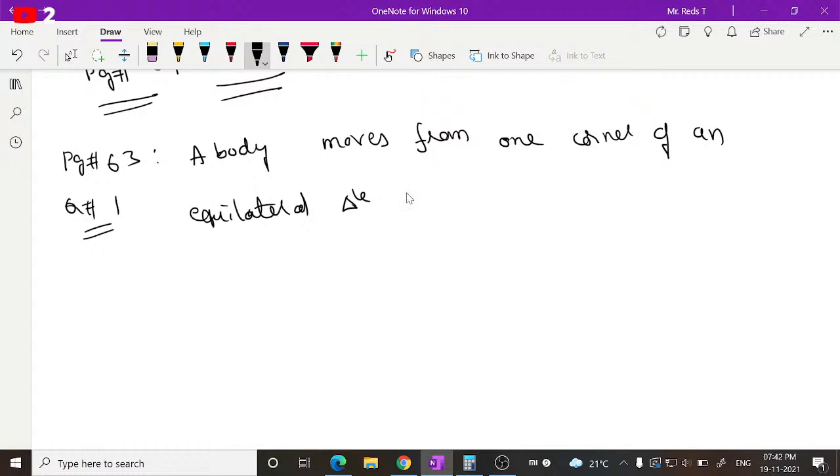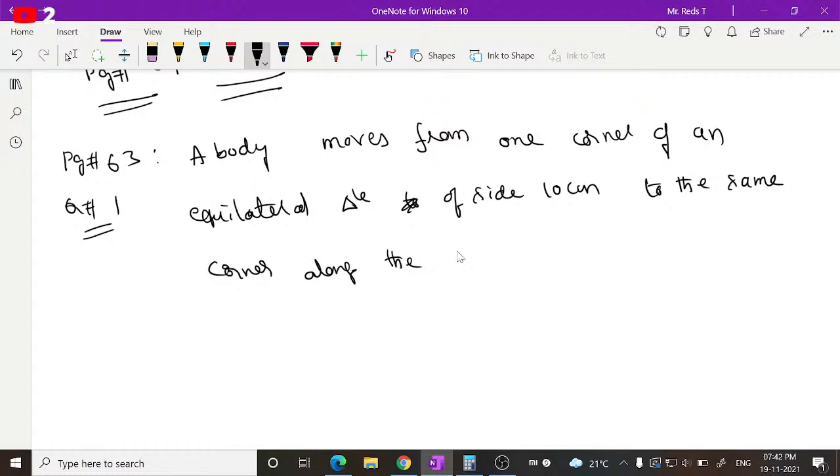Then distance and displacement are respectively.